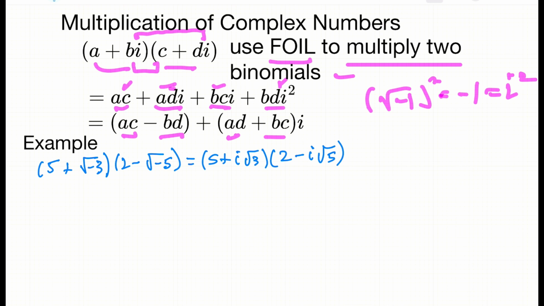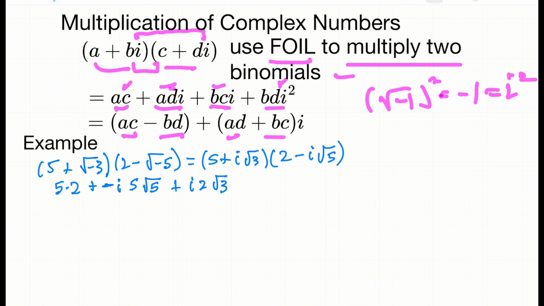Okay, now using our FOIL method, the first is going to be 5 times 2, plus the outer terms, that's 5 times that, so that's going to be minus i 5 root 5. So that's the outer. Now let's do the inner, which are these right here. So that's going to be plus i 2 root 3.